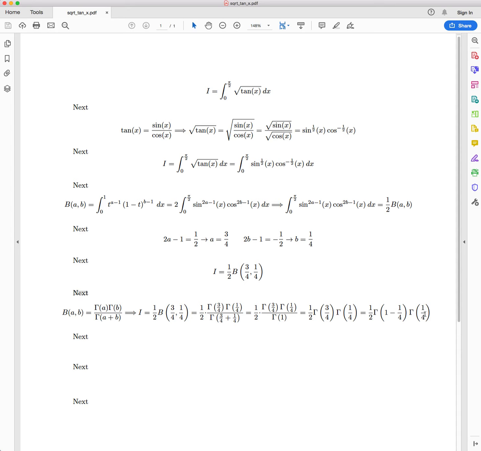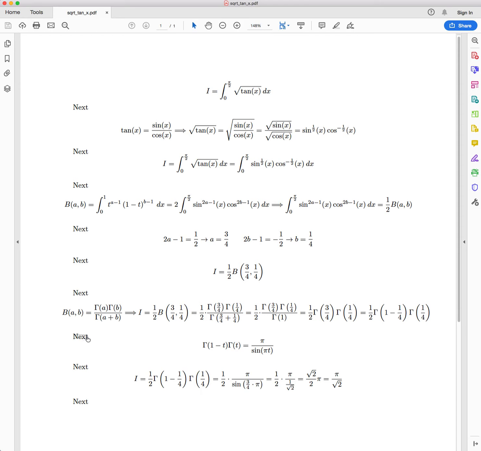And I've done that very deliberately because there's a special relationship that comes about from this, where we can take this form and express it in terms of the sine function. And what's beautiful about that is that I'm going from a special function, which is gamma, to an elementary function, which is sine. So as I said, our goal is to always try and express it in the most elementary form possible. Sometimes we can't, and that's perfectly fine. But where we can, we try to.